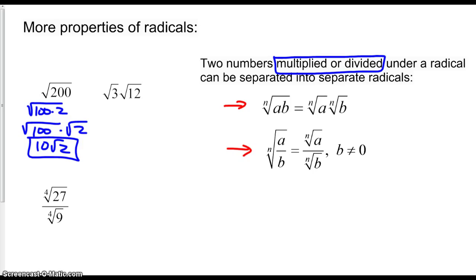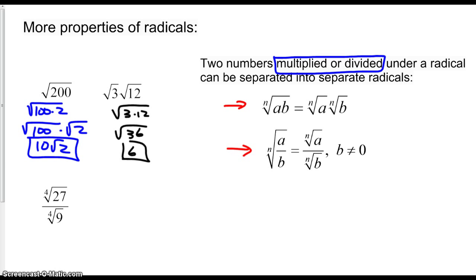I could say if I have the square root of 3 times the square root of 12, that's the same as the square root of 3 times 12, which is the square root of 36, which is just 6. So sometimes it helps us simplify if we combine. Or let's say I have the fourth root of 27 over the fourth root of 9. Well, there is no fourth root for 27.